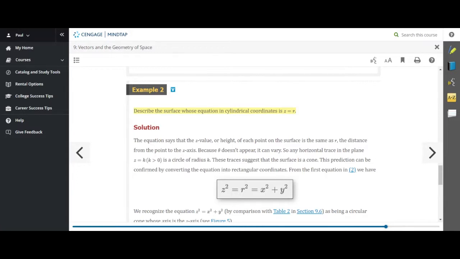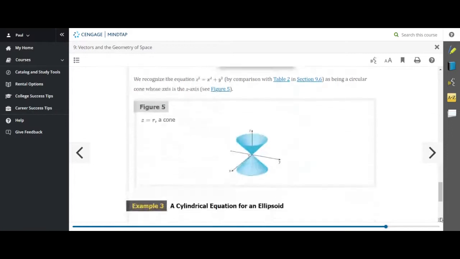But r squared is x squared plus y squared. But z squared equals x squared plus y squared, it turns out, is the equation of a cone. You can see that's where a, b, and c would equal 1. It's your standard cone. So you see a cone has a very simple equation in cylindrical coordinates.